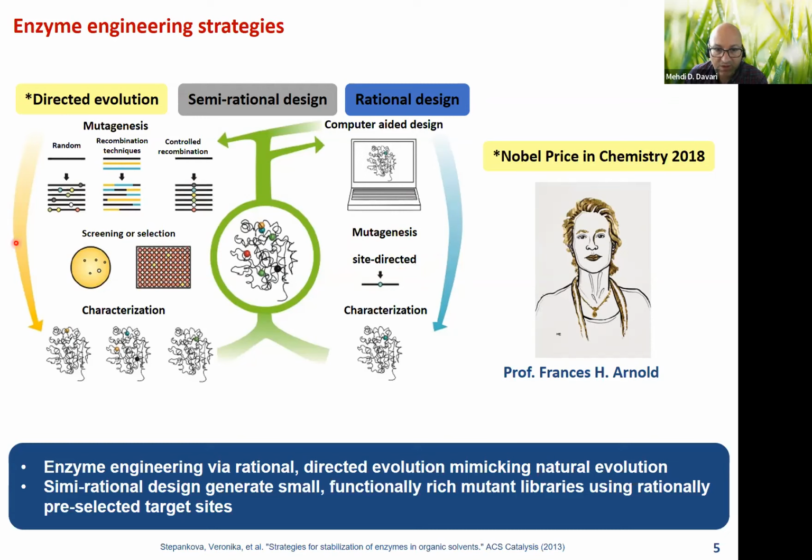But as you see, compared to the directed evolution approaches, here we do not use the diversity offered by nature. That's why semi-rational methods are defined, which are in principle a combination of both methods. Here we identify a position using computational techniques, but we generate a mutation library in a specific position.